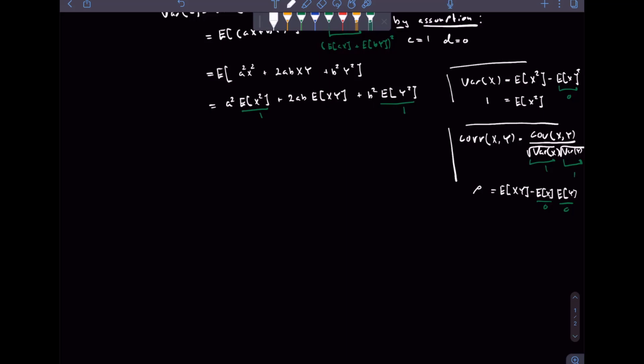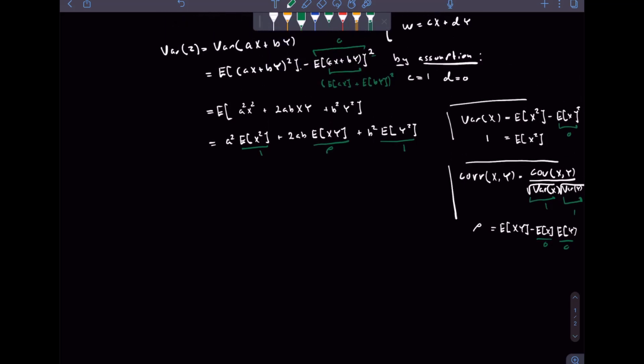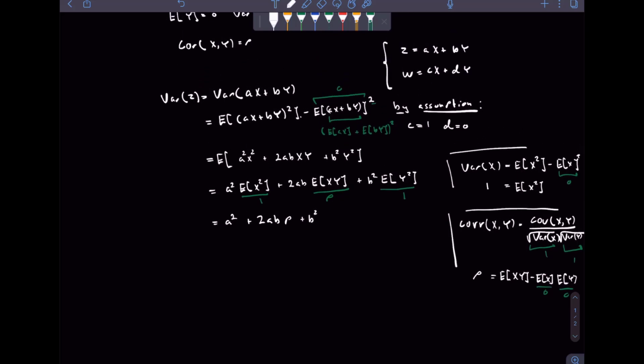So the expectation of XY is just rho. Now we have our rho entering the game: a squared plus 2ab rho plus b squared. So now we have calculated the variance.